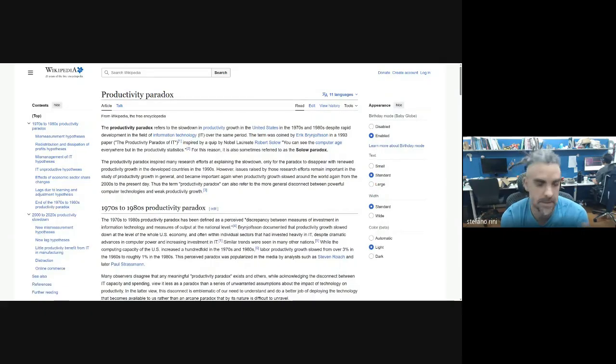So when I saw the study, I thought about this, which is a phenomenon that has some echoes of the period that we are living now. They call it the productivity paradox of IT.